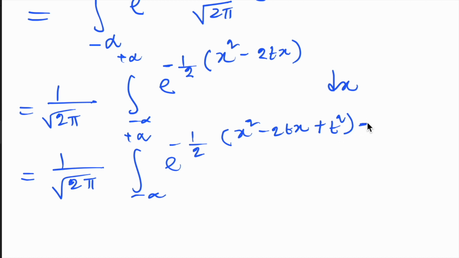We have to add t square by 2 and subtract t square by 2.